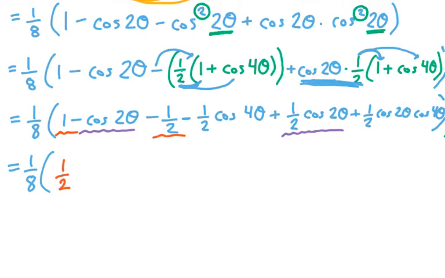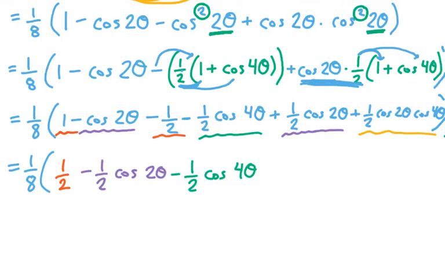So negative 1 cosine 2 theta plus 1/2 cosine 2 theta leaves us with negative 1/2 cosine 2 theta. I don't see any other terms that involve just a cosine 4 theta, so I'm going to drop that down as a negative 1/2 cosine 4 theta. And similarly, this last term at the end did not have any like terms, so it's going to drop down as a plus 1/2 cosine 2 theta cosine 4 theta.